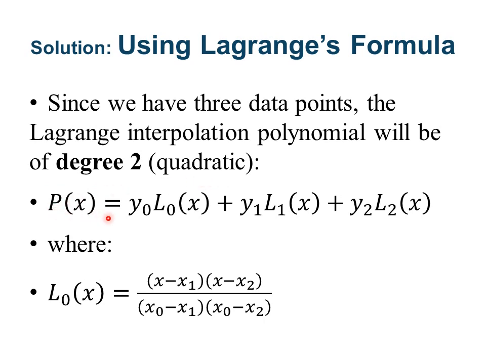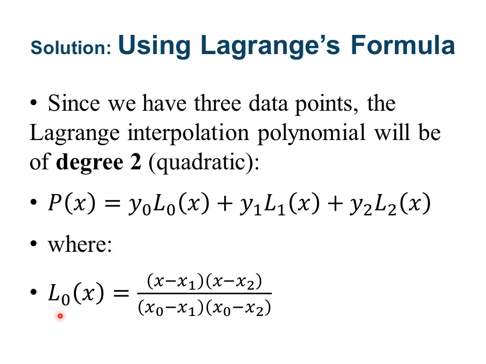P(x) equals y0 L0(x) plus y1 L1(x) plus y2 L2(x). This is the Lagrange formula because we are given three values.